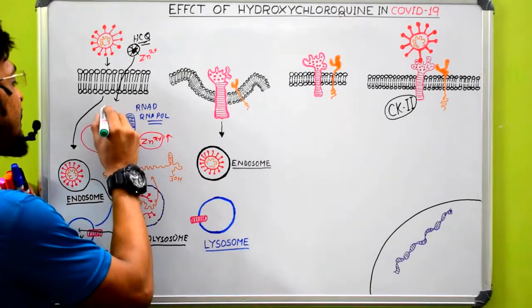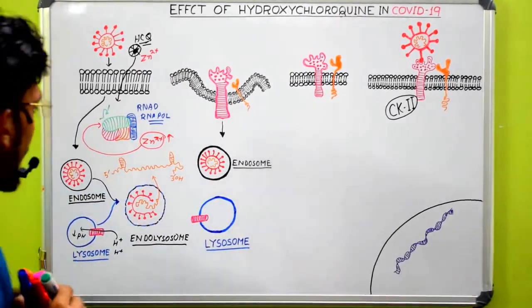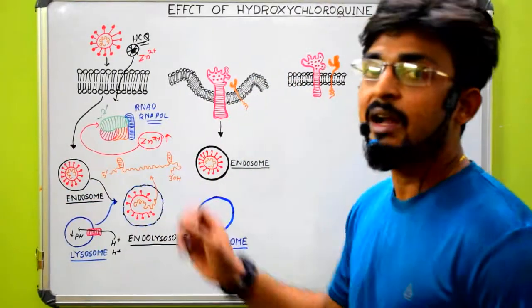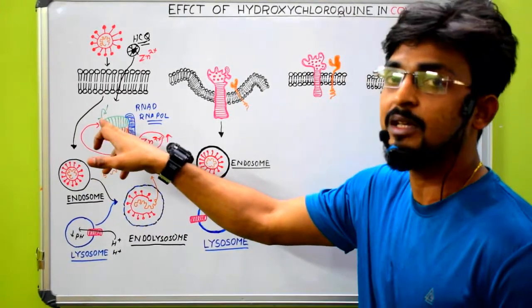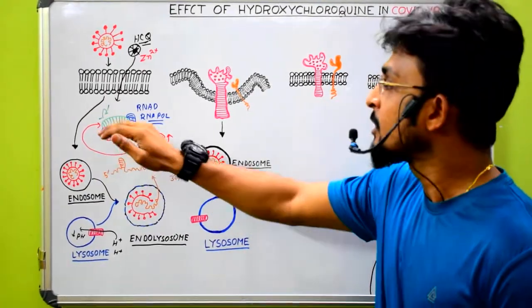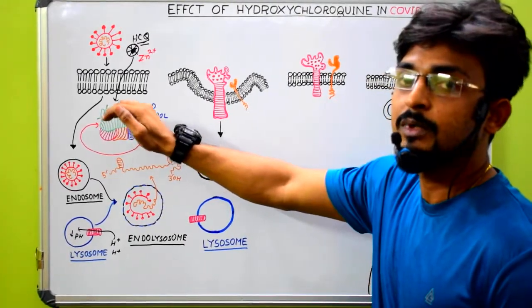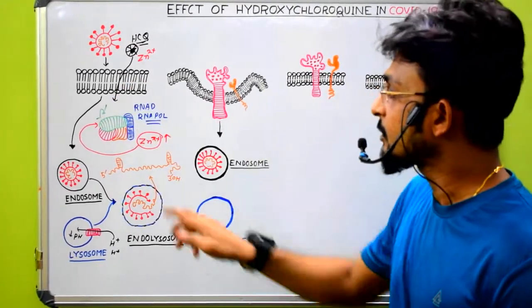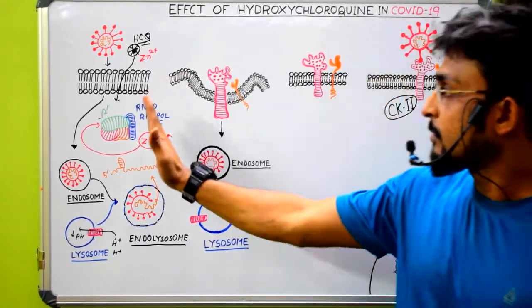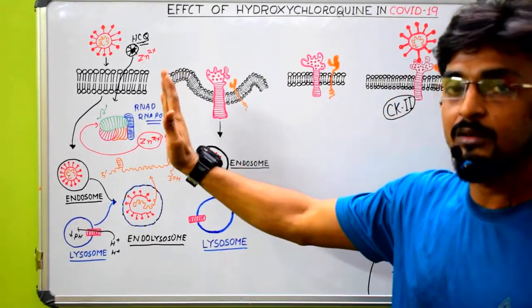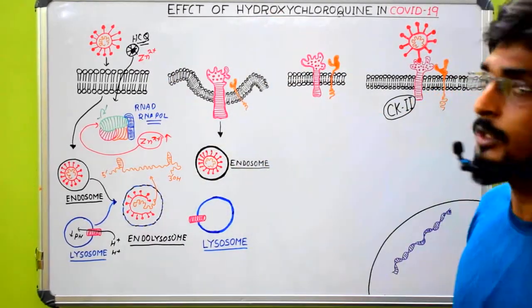This is the beta prime subunit of this RNA polymerase enzyme. Once this zinc ion binds with the beta prime subunit, the activity of the RNA polymerase will be stopped. As a result, no RNA replication will occur. So this is one action of this hydroxychloroquine.